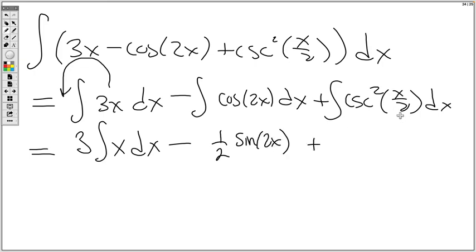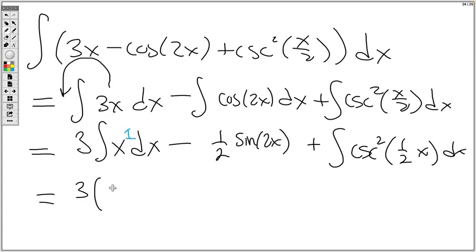Plus, and now remember, when you see an x divided by 2, let's rewrite that, because that's really what times x? A half. Now, how do we integrate x dx? Well, remember, that's x to the what power here? It's not written, but it's x to the first power.